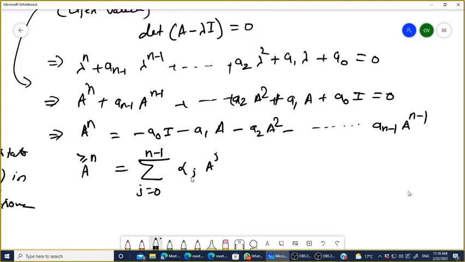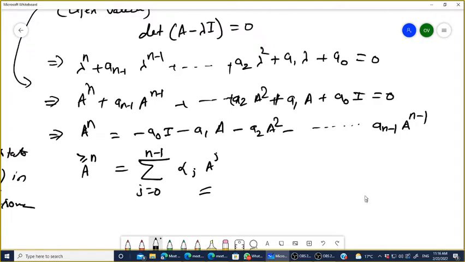Alpha j means alpha 0 I, alpha 1 A, alpha 2 A square, alpha 3 up to this point. So how is this happening? You can understand this from this also.